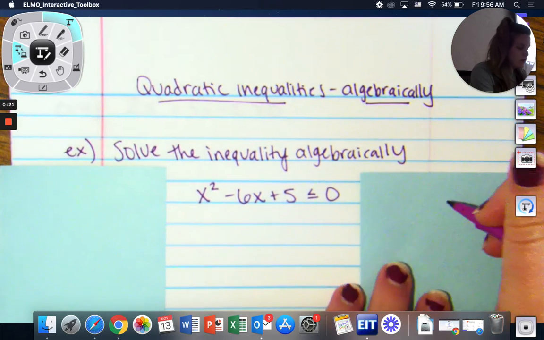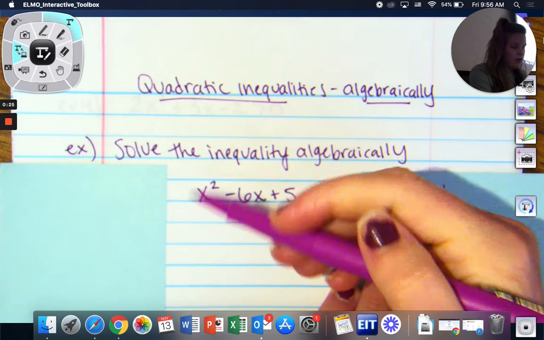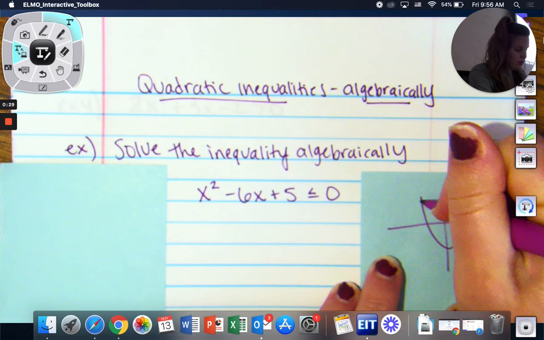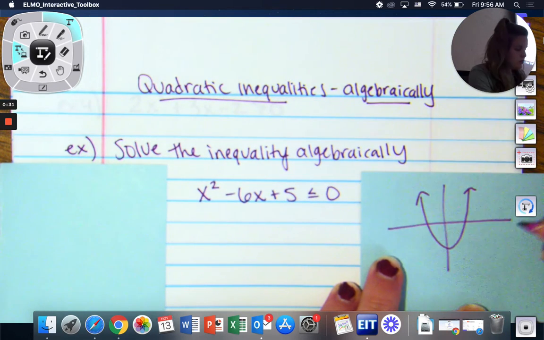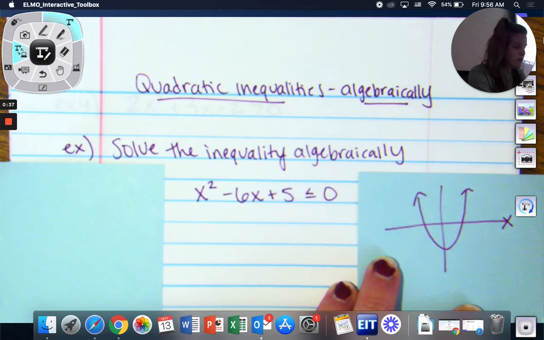So graphically, if we know we have a parabola and our a value is positive, we know it's facing upward. So, rough sketch here. In relation to your x-axis, where are your values less than or equal to 0? On the quadratic, graphically, it would be anything underneath that x-axis, smaller than 0.